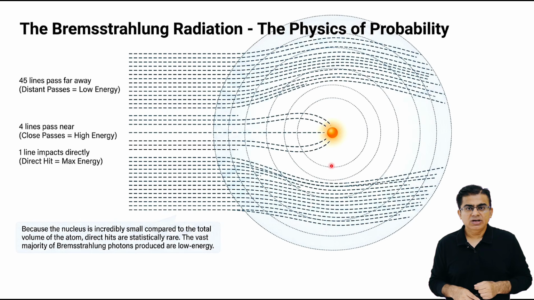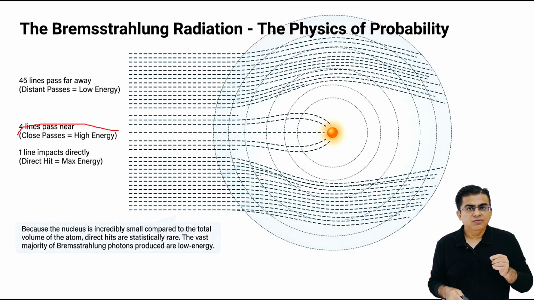Because the positive nucleus is incredibly small compared to the total volume of the atom, such direct hits are statistically very rare. If you look at the paths on your screen, only one single line makes a direct head-on impact. This one. This single rare event produces the absolute maximum energy photon.